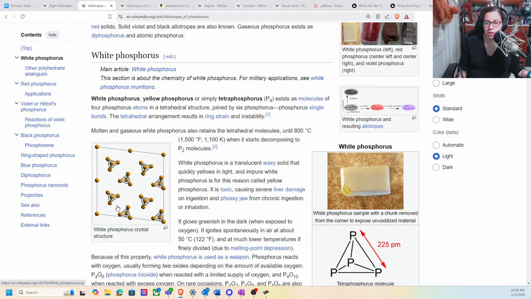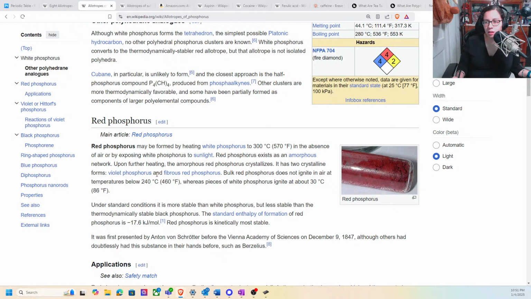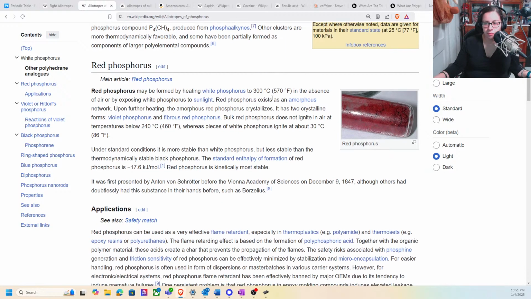And so appreciating this little pyramidal structure of white phosphorus. And then we have red phosphorus, formed from heating white phosphorus. And I believe they use it in matchsticks.